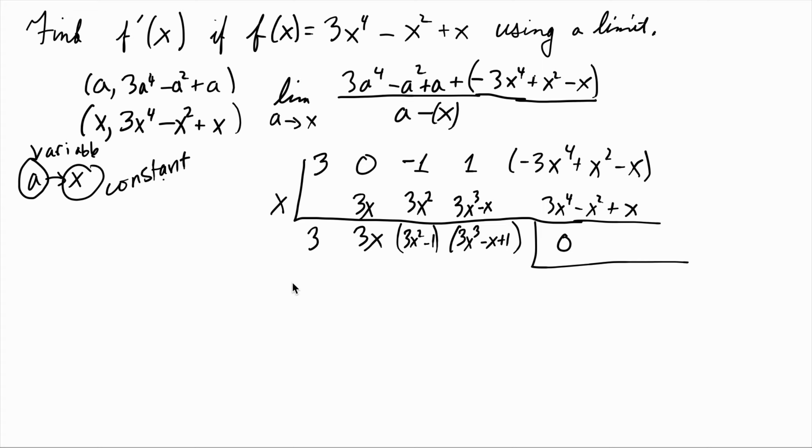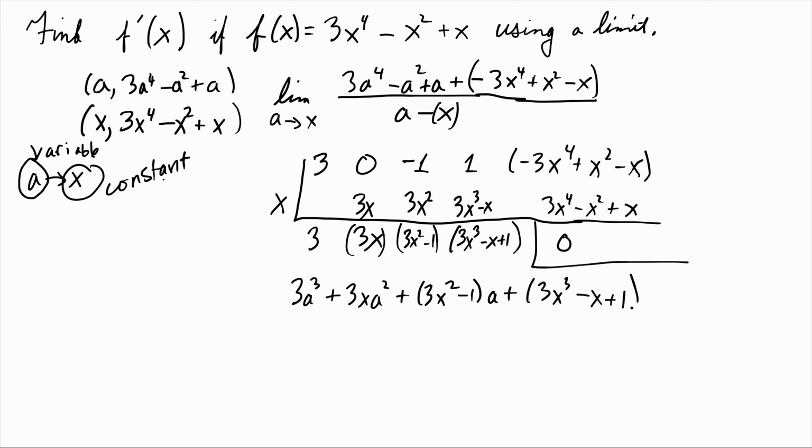So we have 3a cubed plus 3x is the coefficient of a squared, plus 3x squared minus 1 times a, plus 3x cubed minus x plus 1.